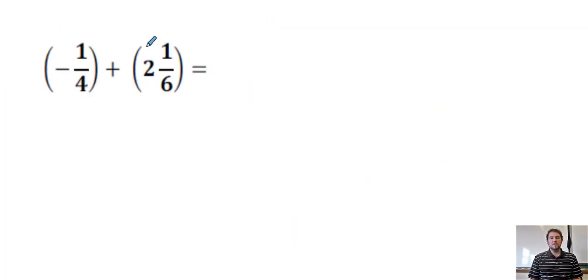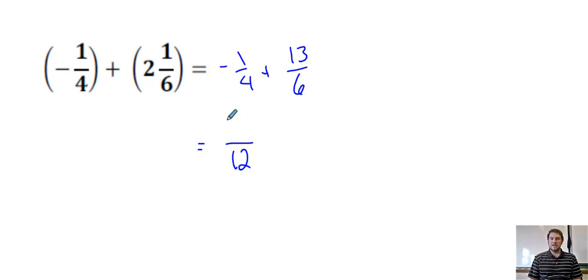All right, so then if I wanted to use this, the negative 1/4 plus, well, this is hard to add, but it's so much easier to add that 13 over 6. So now I need to find the common denominator again. In this case, my common denominator would be 12. How do I turn a 4 into a 12? Well, I multiply it by 3.